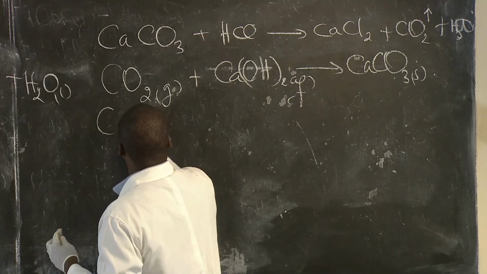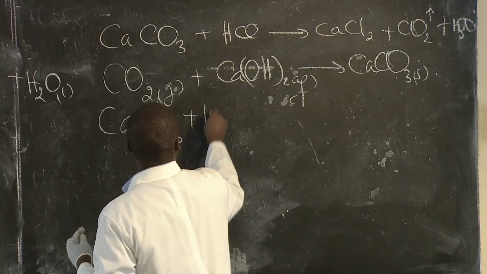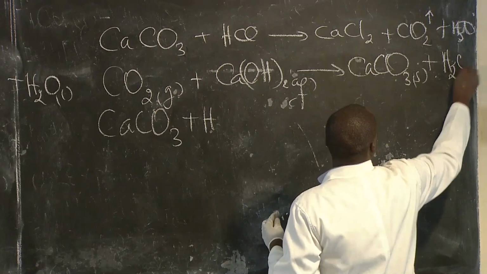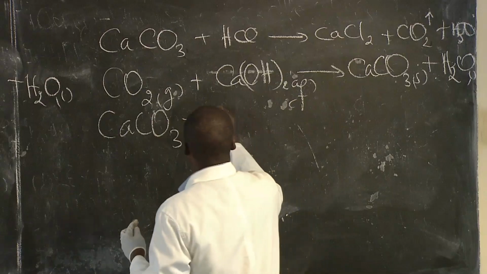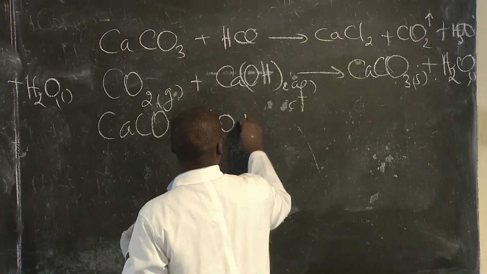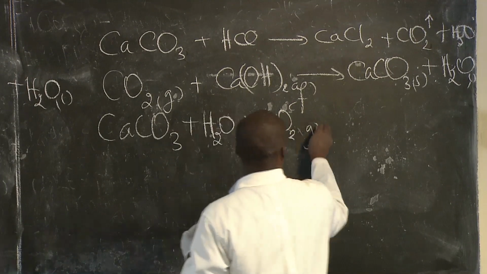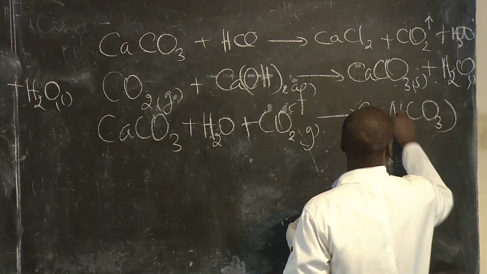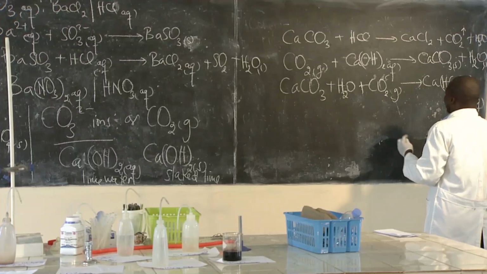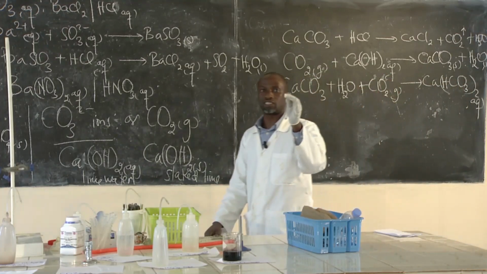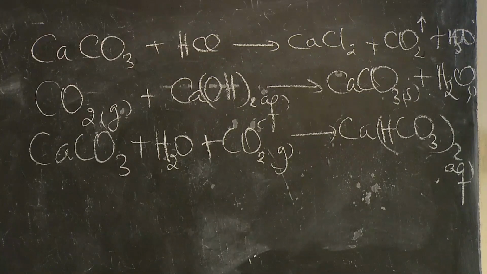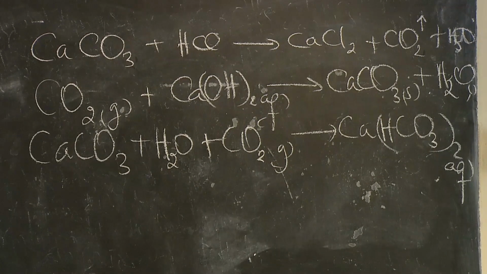And then when the excess gas passes through, with water being formed, it forms calcium hydrogen carbonate. So this is a colorless solution. That is the test that we use to confirm the presence of carbon dioxide as well as the carbonate ions.